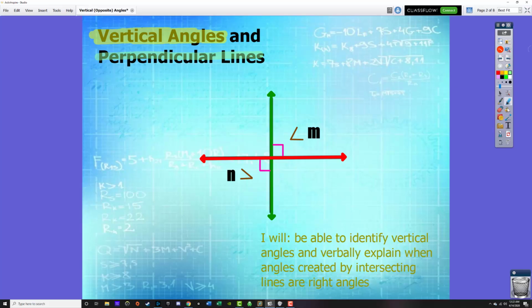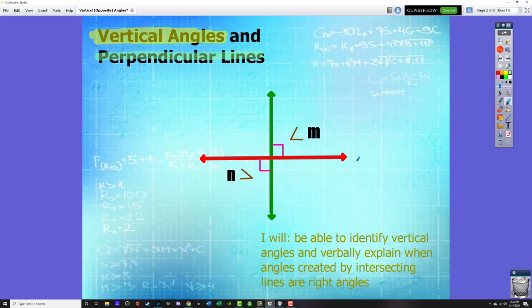My goal by the end of this video is to have you confident and able to identify vertical angles. You should be able to look at two lines that are intersecting and identify which pairs of angles are vertical to each other.